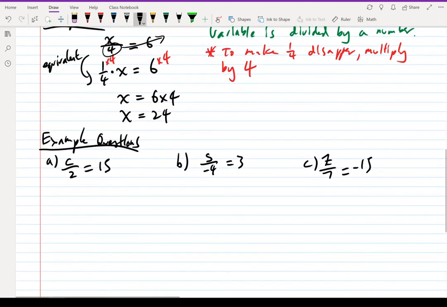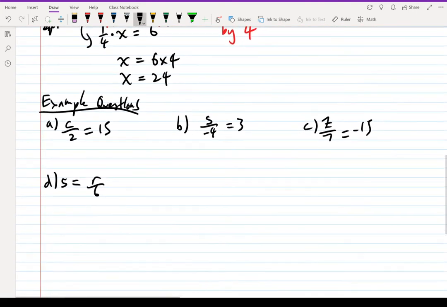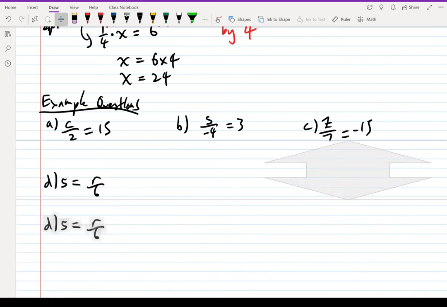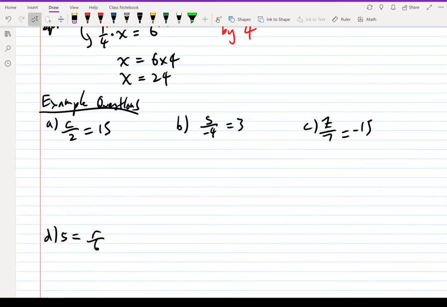And then last one, d, let's do 5 is equal to r over 6. So we have 4 examples. Let me just give this a little bit more space. Make sure you do these first. Pause the video and do the 4 questions.